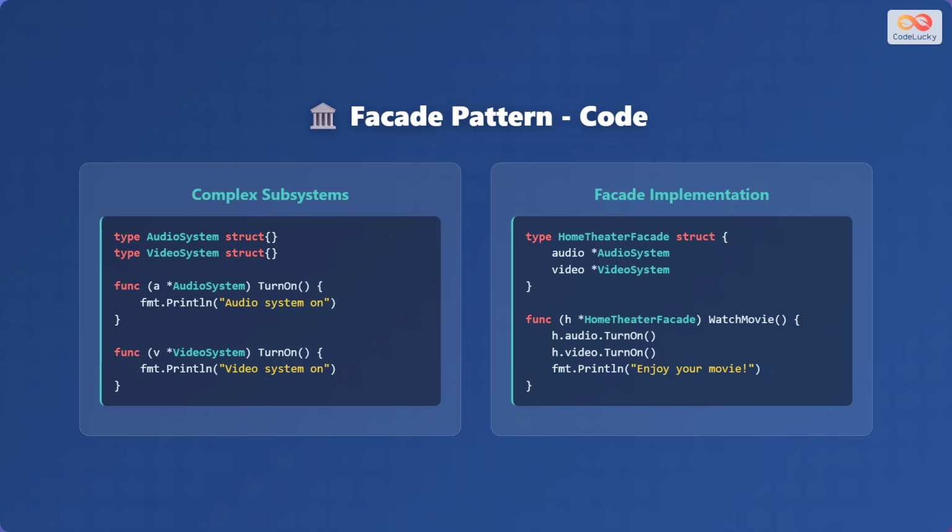This eliminates the need for client code to understand the complexity of coordinating multiple subsystems. The client simply calls one method and gets a complete, coordinated experience. This pattern is particularly powerful in Go because it leverages composition to hide complexity while providing a clean, intuitive API.